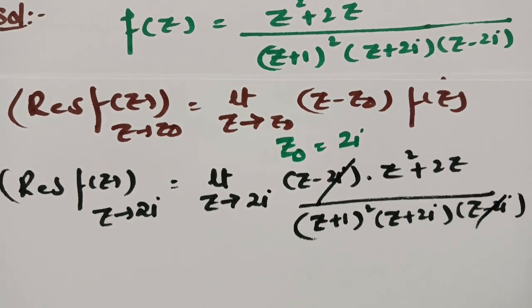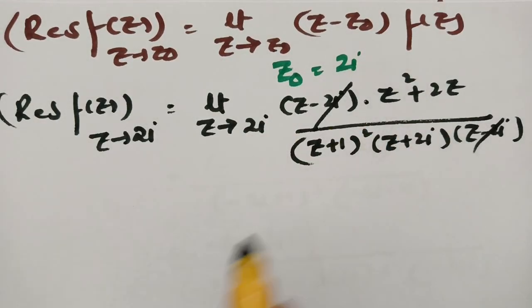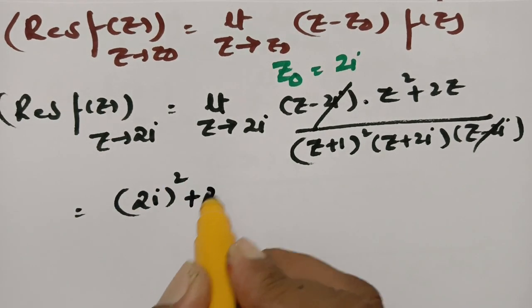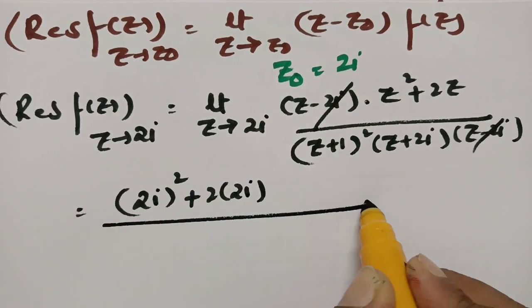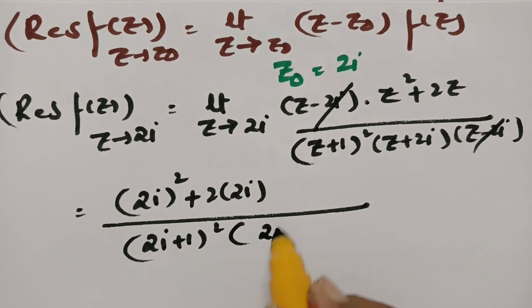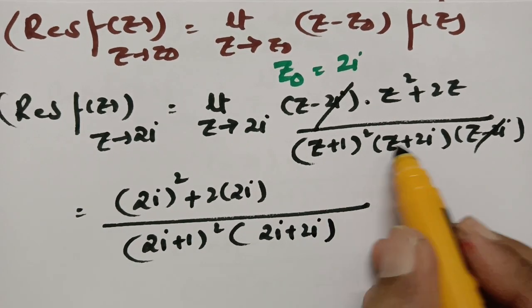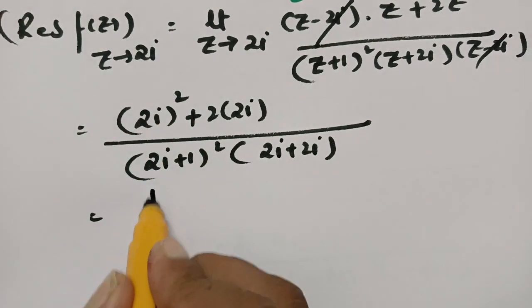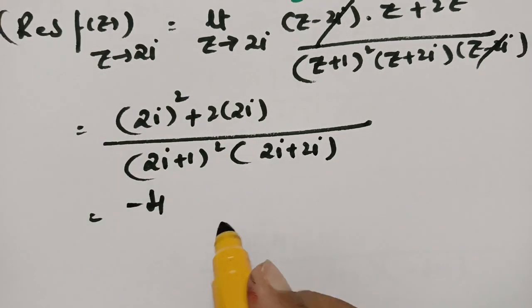So after cancelling this numerator and denominator and substituting 2i in place of z, this value will be (2i) square plus 2 into 2i by (2i plus 1) whole square into (2i plus 2i). So here what we have to do, 2 square is nothing but 4 and i square is nothing but minus 1.